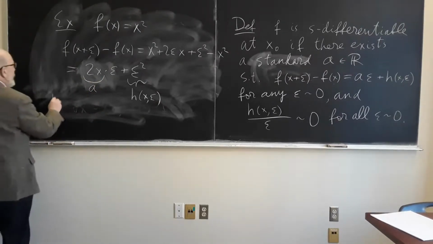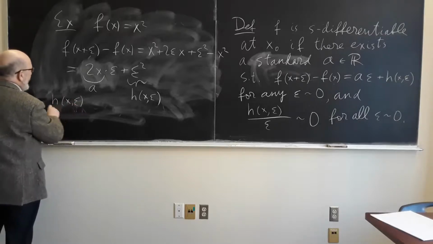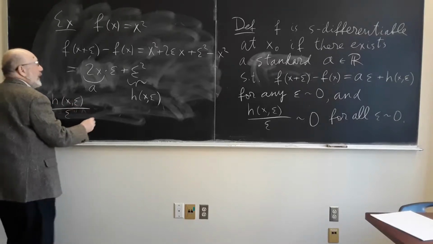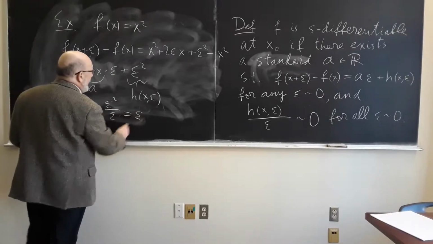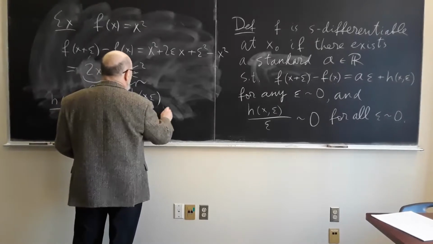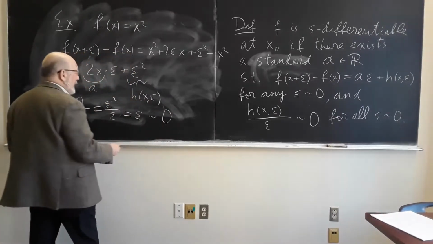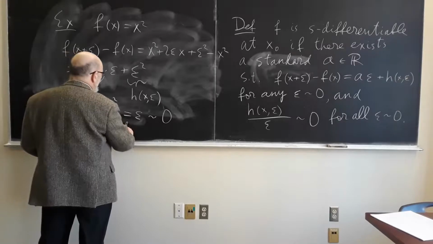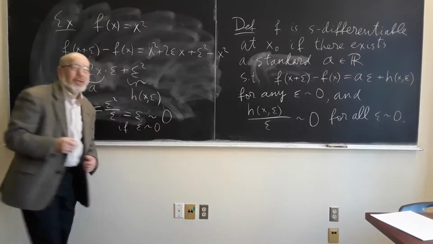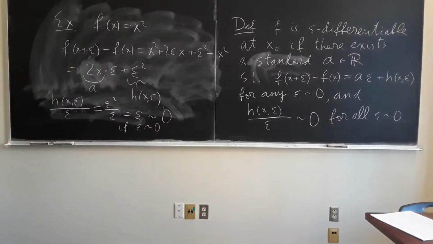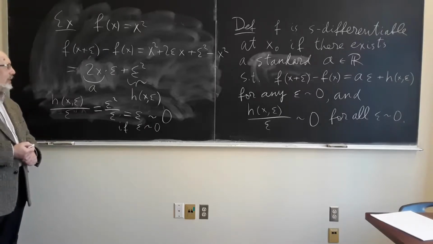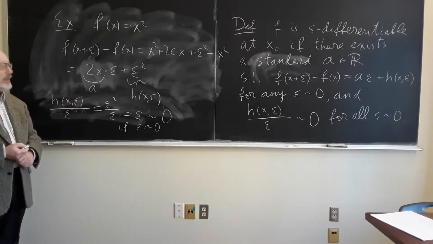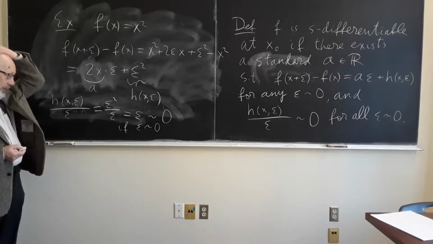And h(x, epsilon) divided by epsilon equals epsilon squared divided by epsilon equals epsilon, which is, of course, infinitesimally small if epsilon is infinitesimally small.